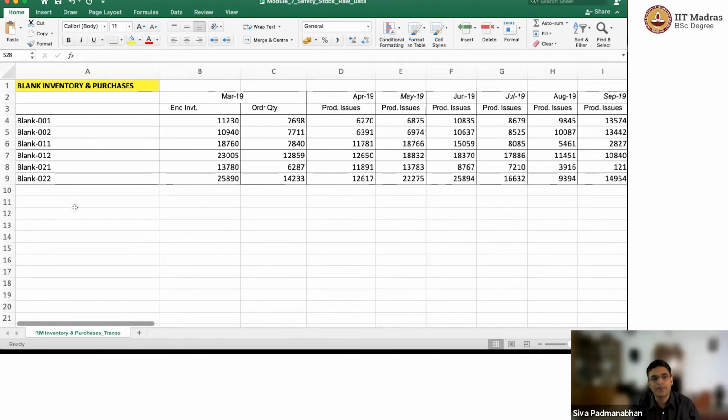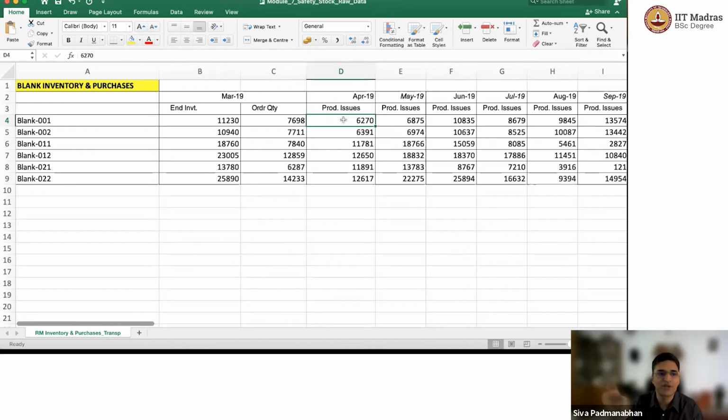So you see column number D, and if you see D4, the cell, it says production issues blank 001 is 6270. What that means is that during that month of April 2019, I had to use 6,270 units of blank 001 because I am making some gears.